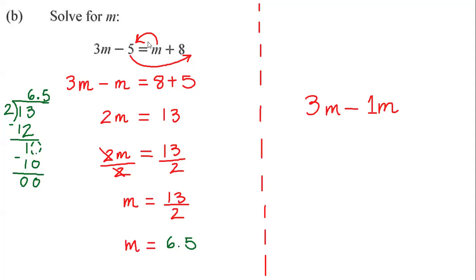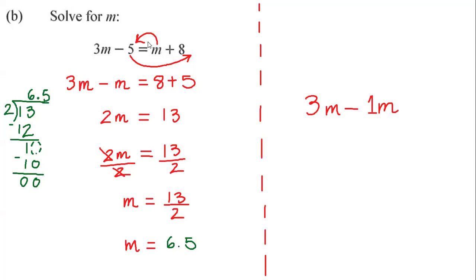How did we get 6.5? We divide 2 divided by 13. No, start from the top. Start from our switching sides and stuff like that.